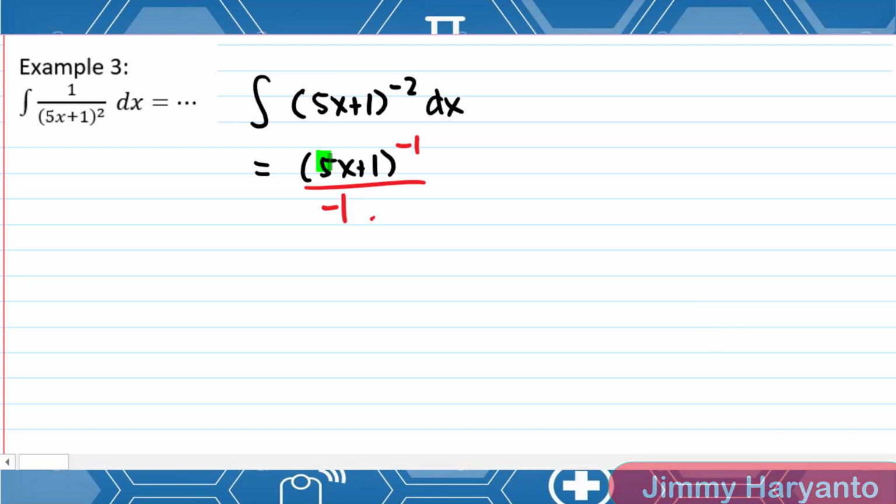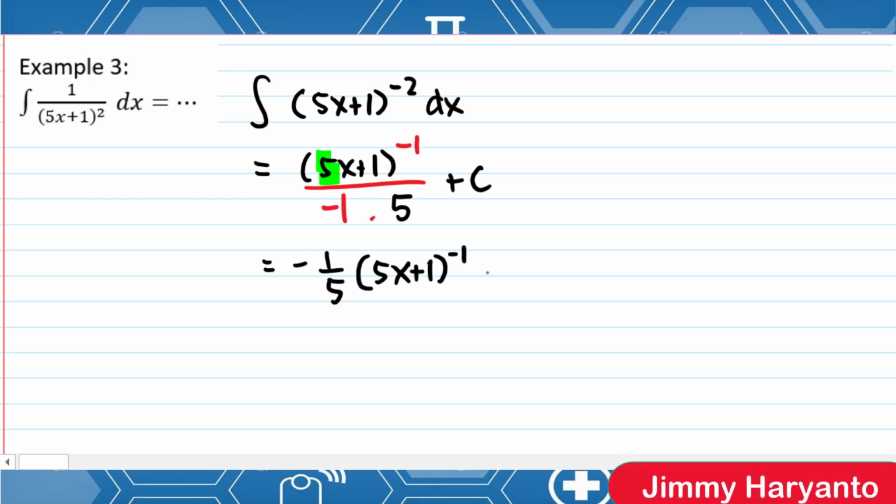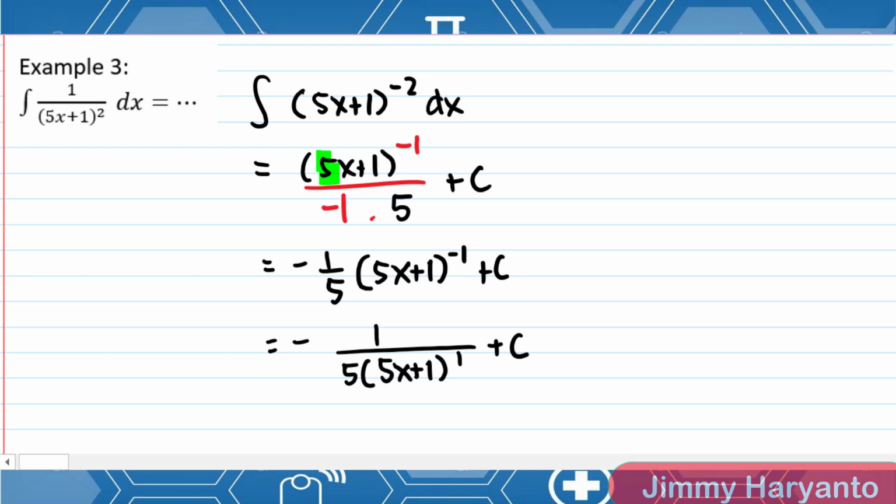Then don't forget to multiply with the coefficient of x, which is 5, and then plus c. So the result will be negative 1 over 5 times (5x + 1) to the power of negative 1 plus c. After that, I can move the 5x + 1 to the bottom, power 1, plus c. There you go, this is the answer for example 3.